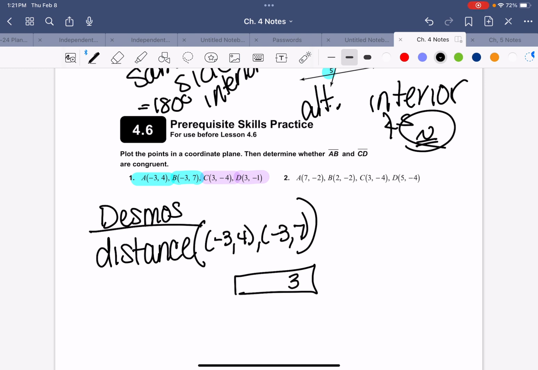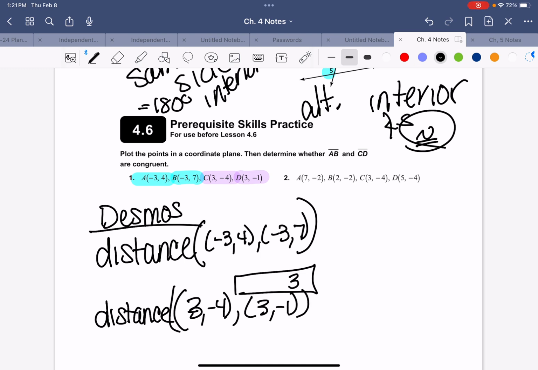Okay? Then you can do the same thing, distance 3, -4, 3, -1. Okay? And it's going to spit out the answer of 3 as well. Now the other way, if you did this a little quicker, I actually did this in my head.